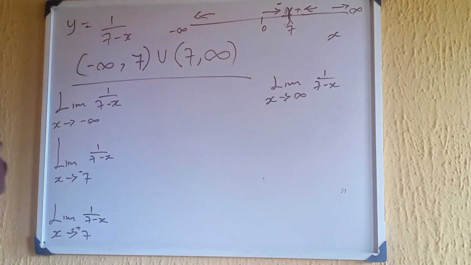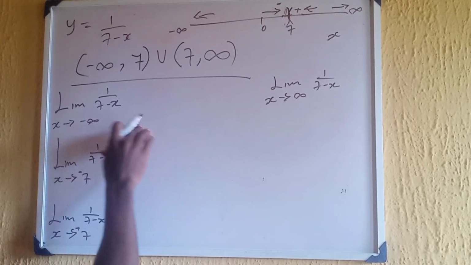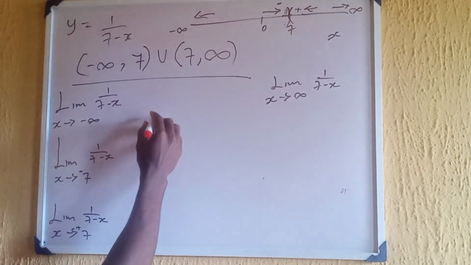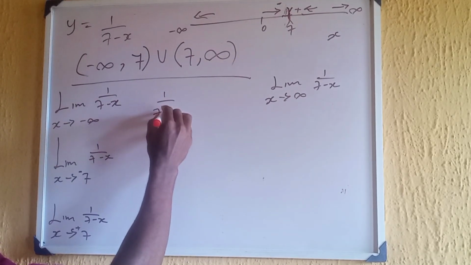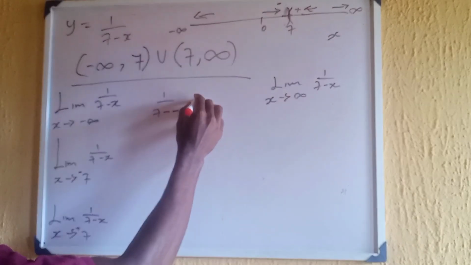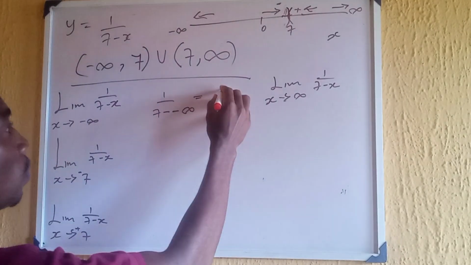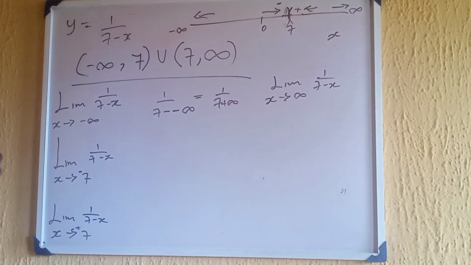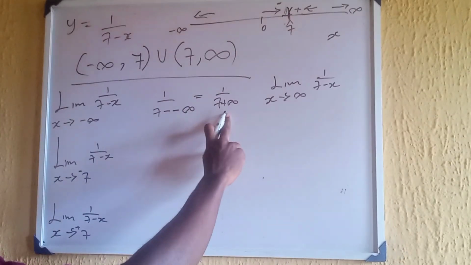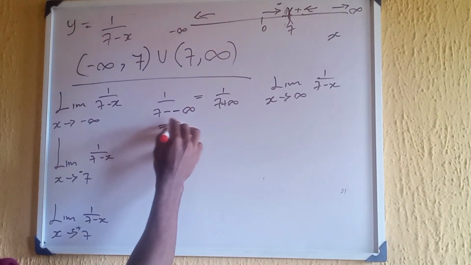So how do we know the limits? As x tends to negative infinity, that means we'll be having 1 over 7 minus infinity, which is equal to 1 over 7 plus infinity. Then this will still give us infinity, so the result is equal to 0.